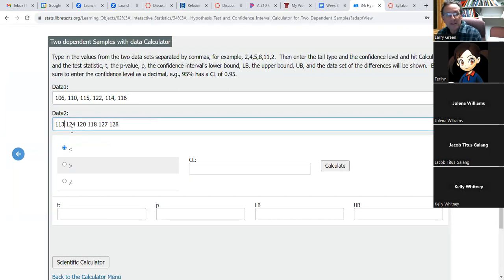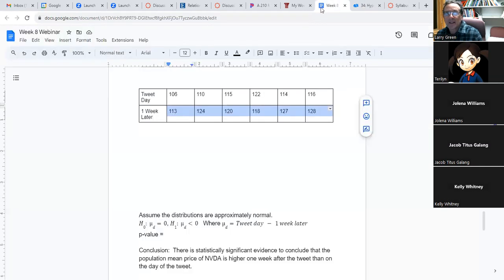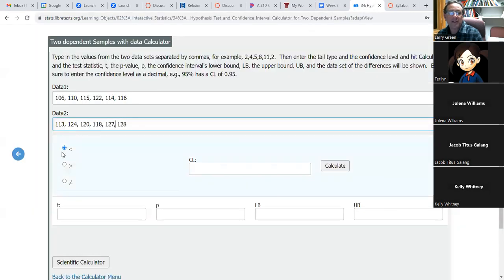Copy and paste. And comma, comma, comma, comma, comma. So now we have all the data from data 1 and data 2 separated by commas written in. The alternative hypothesis, H1, is mu sub d is less than 0. So I do want this less than 0.